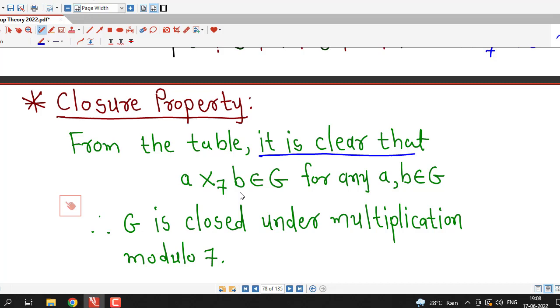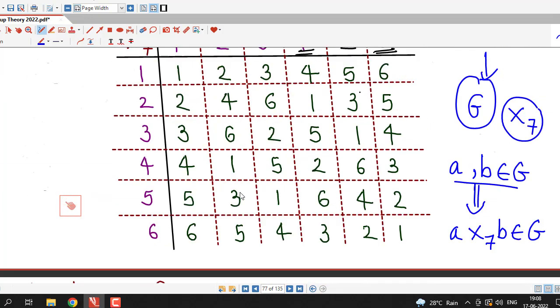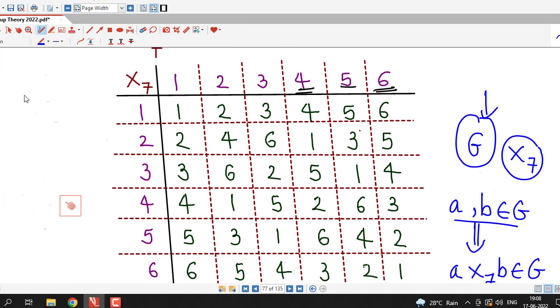Now the second property is the associative property. For the associative property, we recall that we have to prove that if we take any three elements a, b, c out of this 1 to 6, then we must have these two equal: a multiplication modulo 7 (b multiplication modulo 7 c).